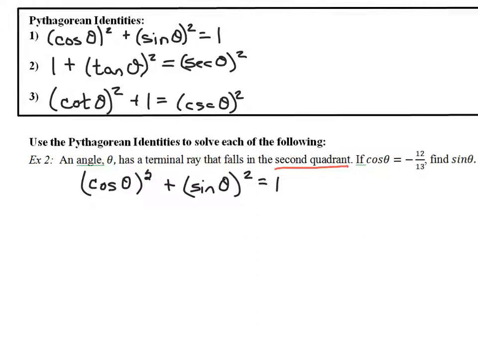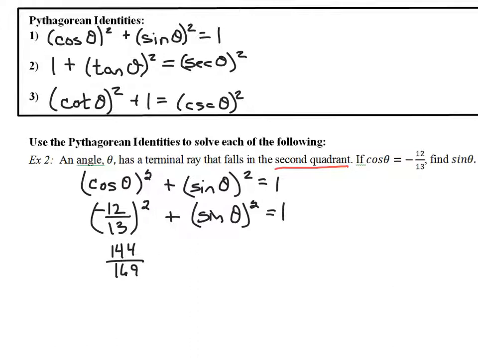Replace the cosine with negative 12 over 13. And we've seen examples like this before. We're going to square that value so that then we will be able to solve for the sine of theta. Don't forget the squared. When I square negative 12 over 13, that's giving me 144 over 169 plus the sine of theta squared equals 1.